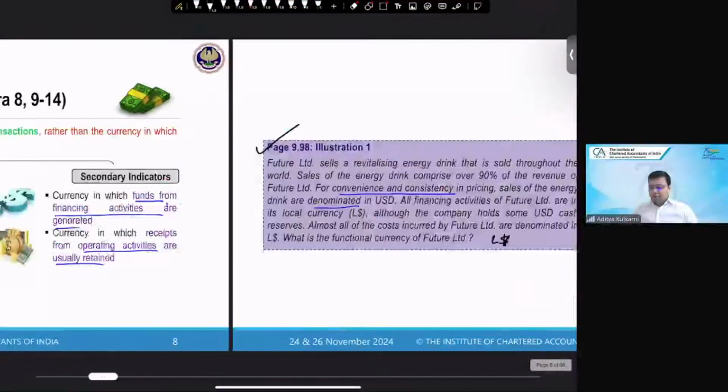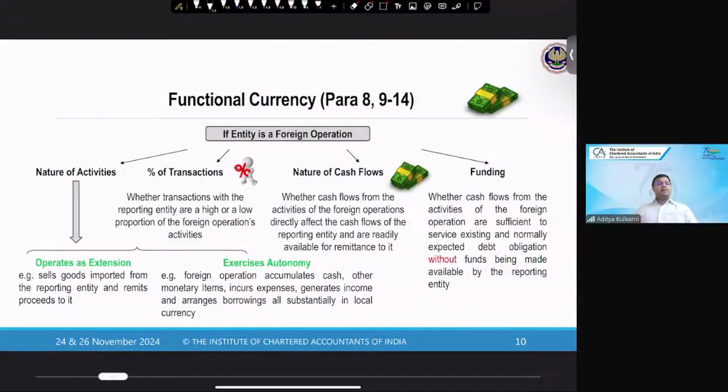So now if my entity is a foreign operation, then you are going to look at 4 things to determine the functional currency. What are those things? What is my nature of activities?